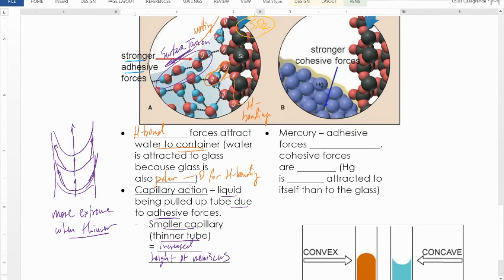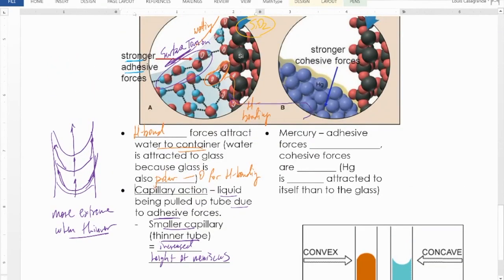And this is partially how plants get water up into the highest reaches in trees, especially the highest reaches of their branches. There are other mechanisms, other factors in play, but this is one of them as well. So this is what happens with water.